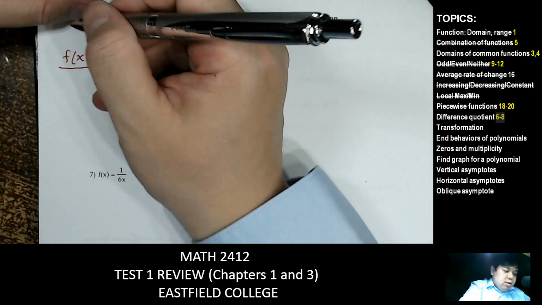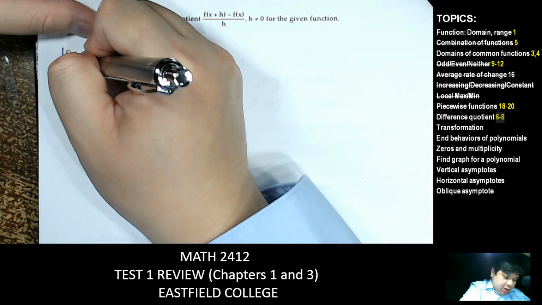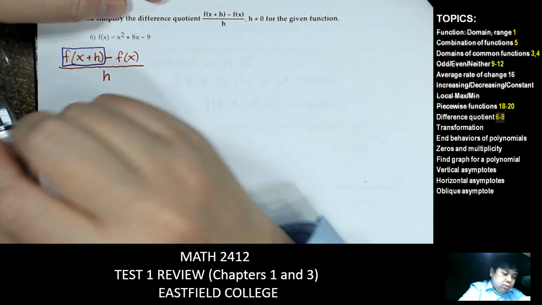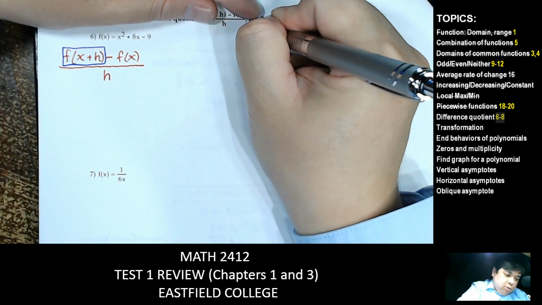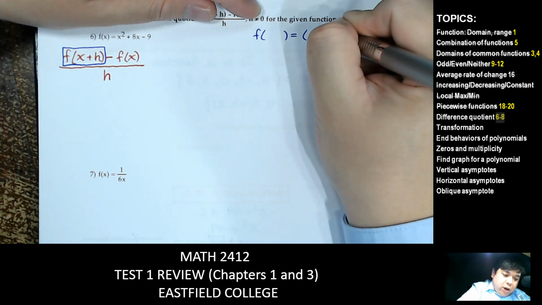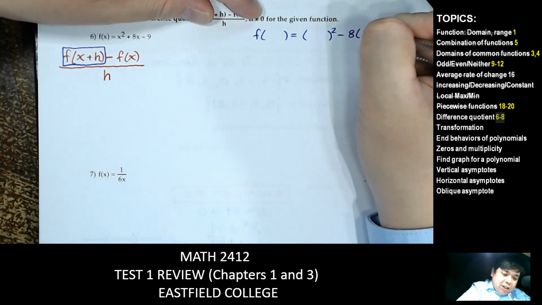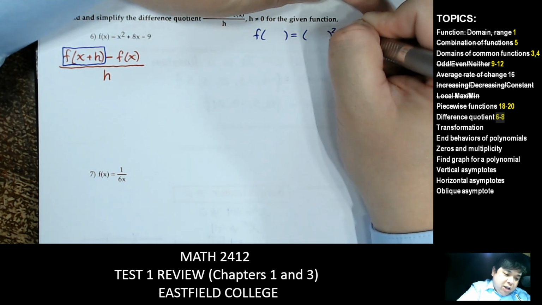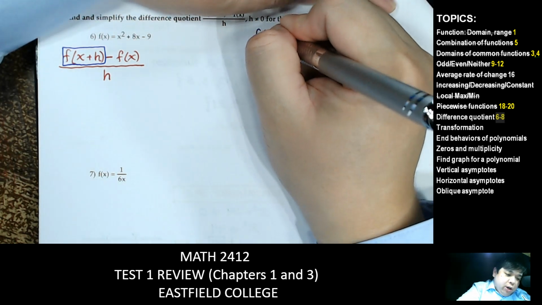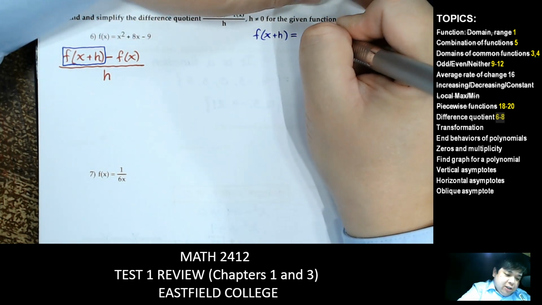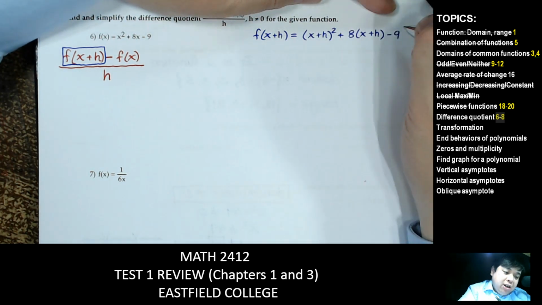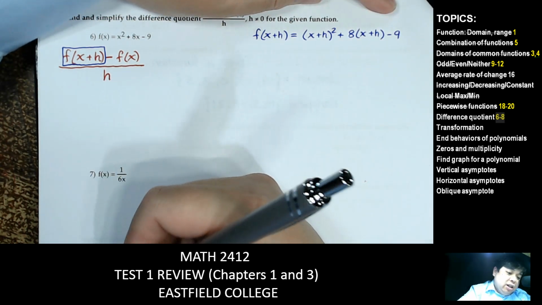First, we have f of x plus h. So let's write that here. The function f originally is something squared, plus 8 times something, minus 9, and then we can put x plus h in it. And we simplify this first, and then I'll put it into the function later.